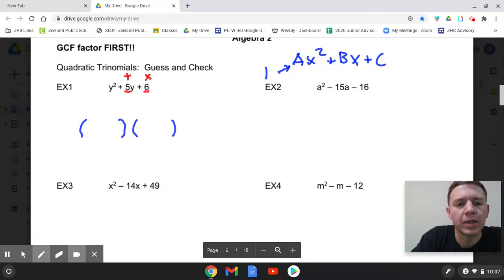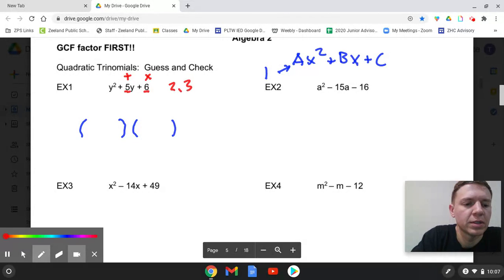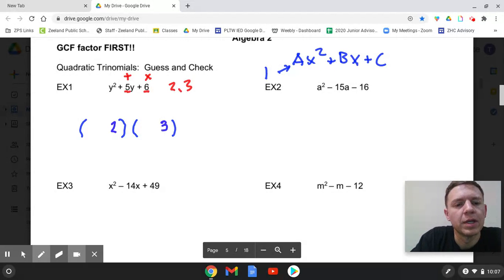Well, I think that's 2 and 3. 2 times 3 is 6. 2 plus 3 is 5. So I'm going to write those in, 2 and 3, and then I'm going to split whatever my variable is. In this case, it's a y. A positive 2 and a positive 3.